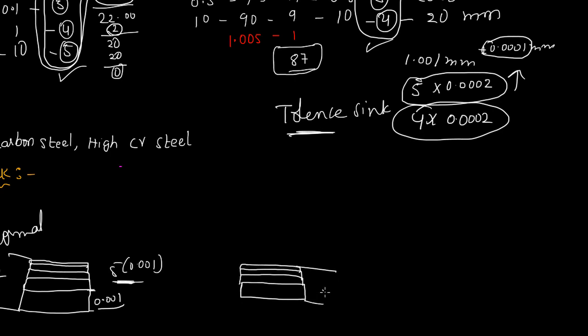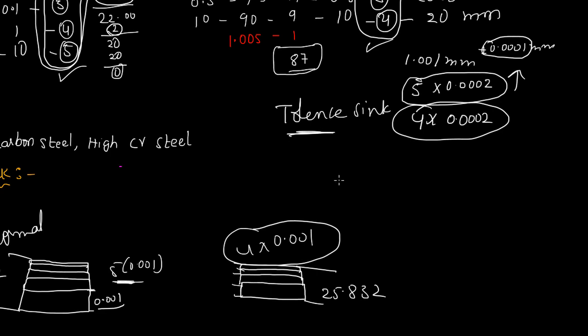So this is also equal to 25.832, but the tolerance will add up to 4 times 0.001 only. This will be the advantage of using the special set. So the key point here is always use fewer slip gauges to build the datum.